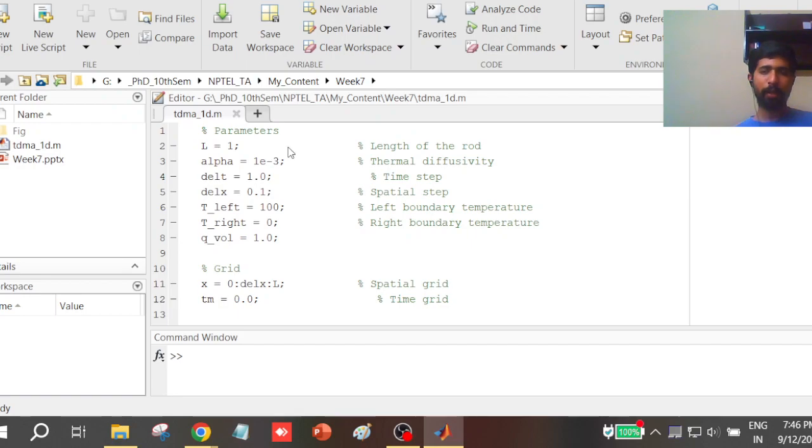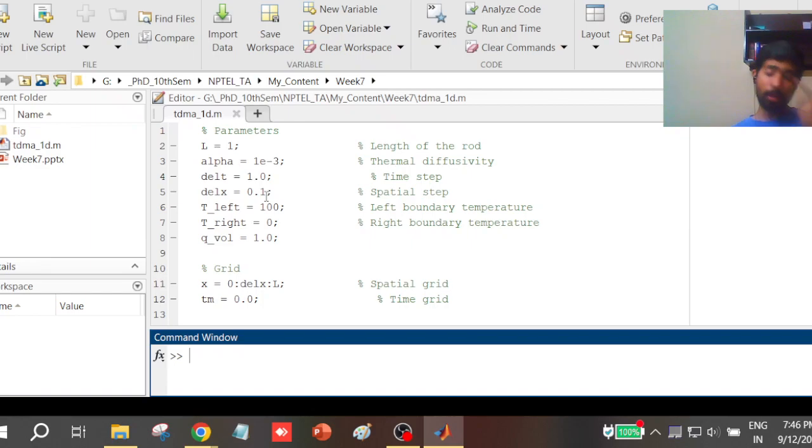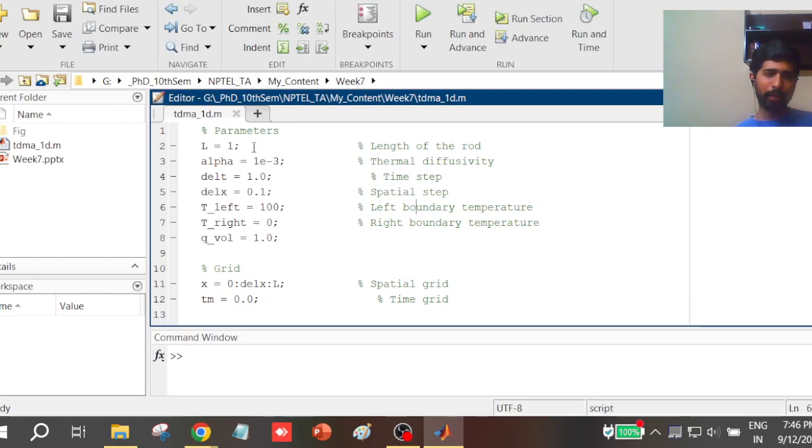You can think of it as a straight 1D beam. A rod would not be good to take, so just consider it as a one dimensional beam. The length is 1, and alpha is the thermal diffusivity, k by rho into Cp. That is what I have written here, thermal diffusivity alpha.